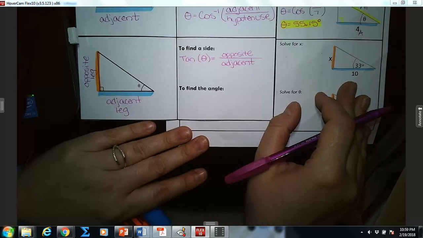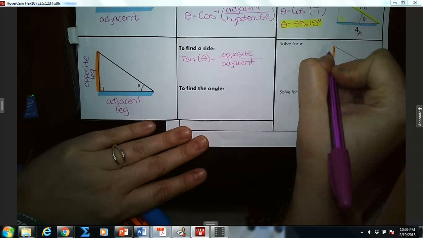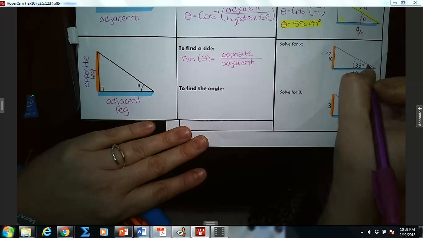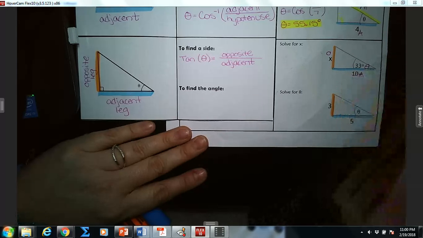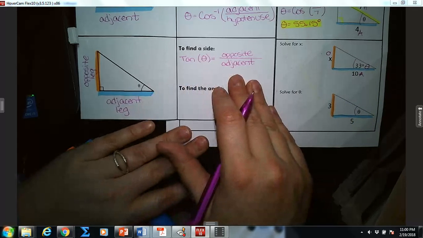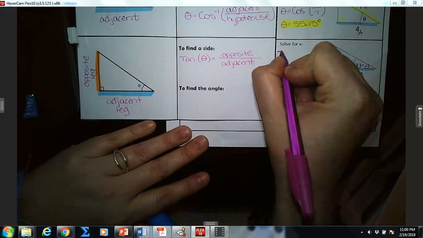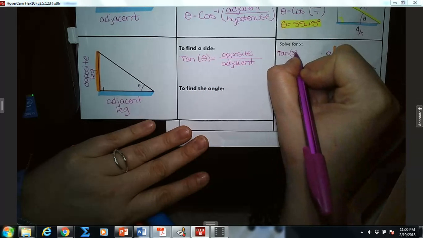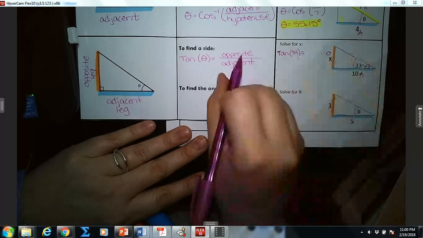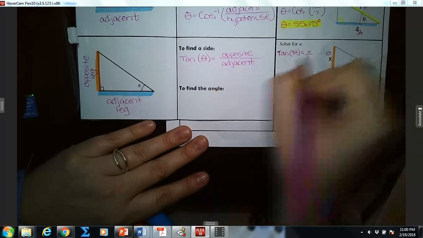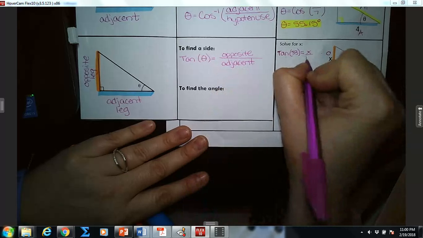Okay. In our picture, x represents the opposite side and 10 represents the adjacent side, while 33 degrees represents theta, the angle of perspective. So when we plug everything into the formula, I would have tangent of 33 is equal to the opposite value, which is x, over the adjacent value, which is 10.